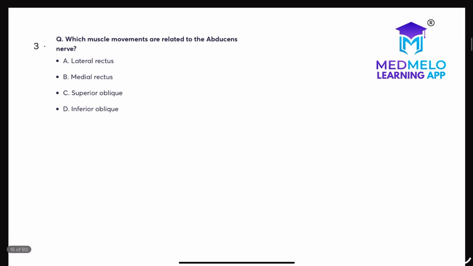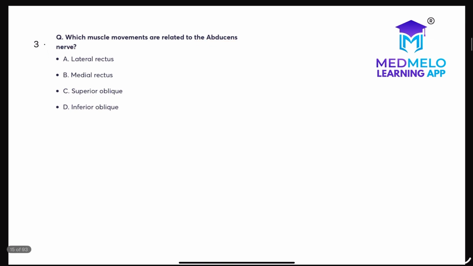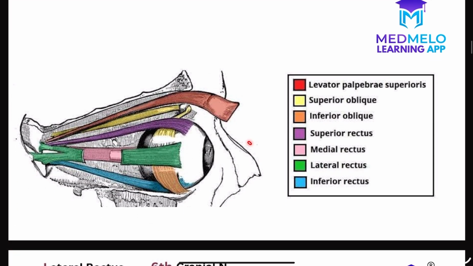Which muscle movements are related to the abducens nerve? We know the extraocular muscles. There are seven extraocular muscles: levator palpebrae superioris, the superior oblique, the inferior oblique, the superior rectus, inferior rectus, the medial rectus shaded as pink color, and the lateral rectus in green color.